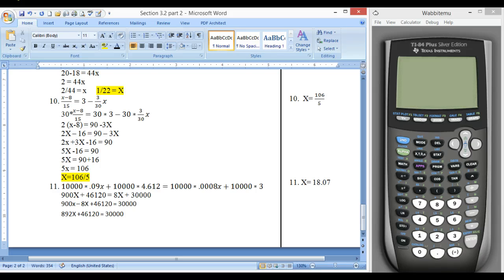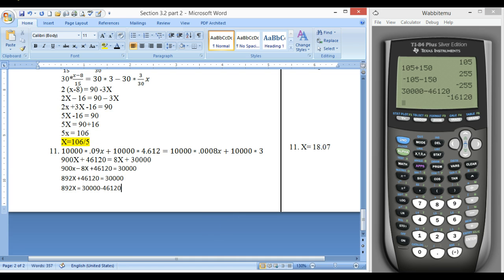And then I need to move my 46,000 over. There we go. So I have 892x equals positive 30,000 minus 46,120. Let's come over, and I don't want to worry about that. I just want to have the answer. So 30,000 minus 46,120 is negative 16,120.